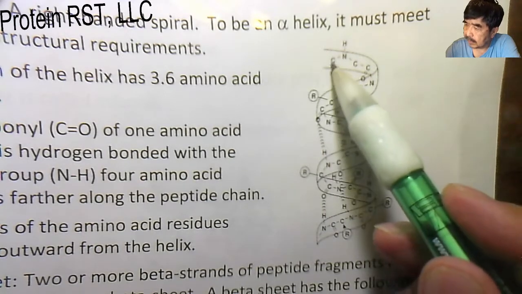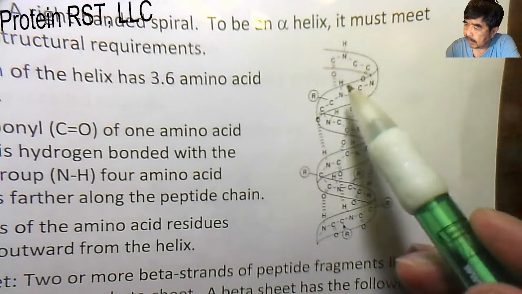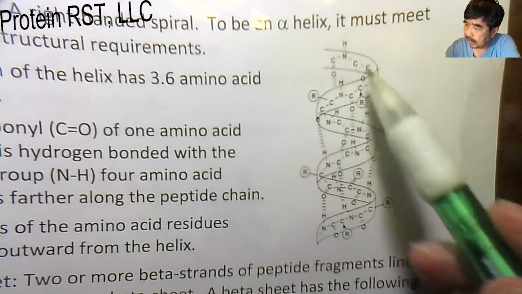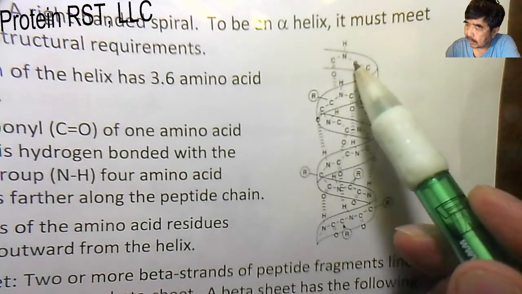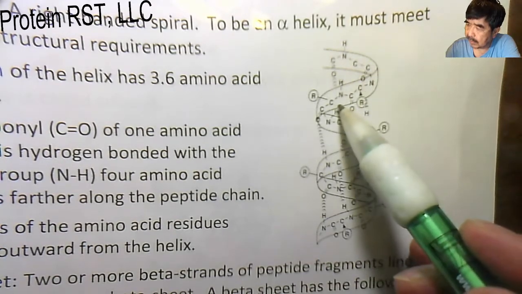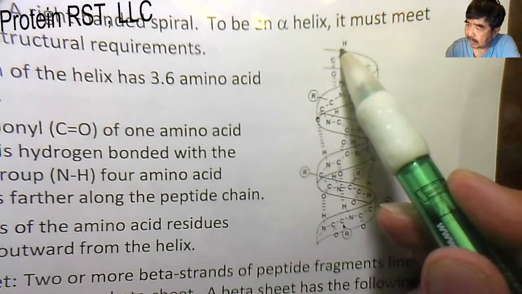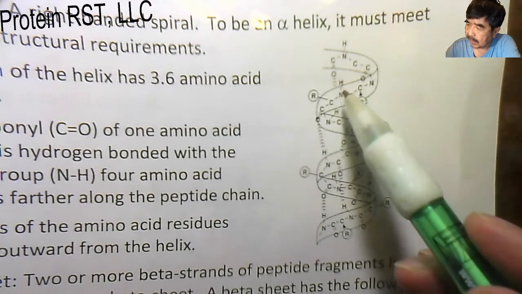You can see this is the carbonyl group, this is the amine group, and between the 2 residues there are 3 amino acid residues apart.